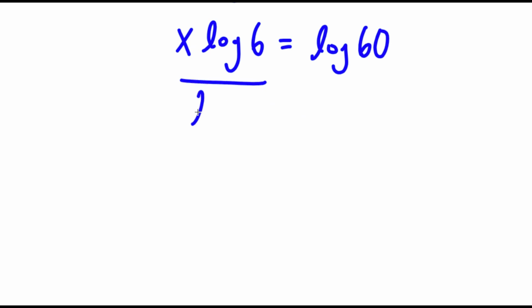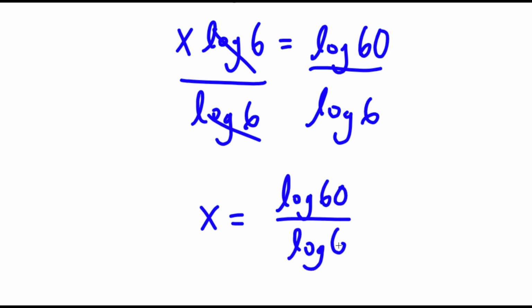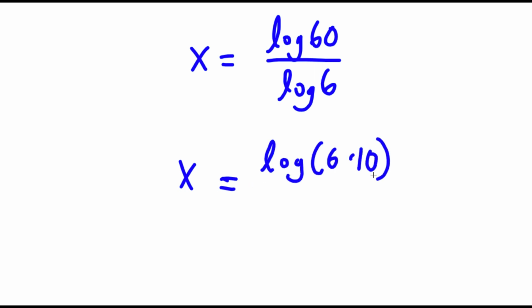Now I'm going to divide both sides by log 6. So then these two cancel out, and now I have x is equal to log 60 over log 6. Now log 60, I'm going to rewrite as log 6 times 10.